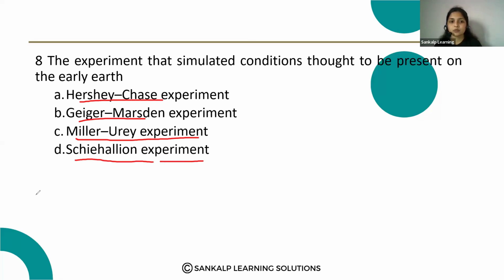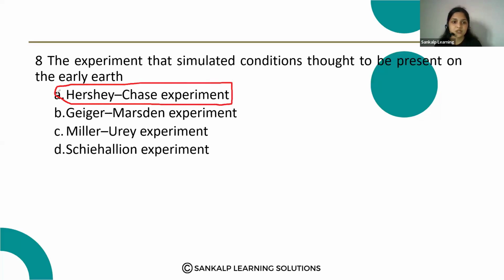The Hershey-Chase experiment is not related to evolution, it is related to genetic material, and the others are not related to this either. The correct answer is the Miller-Urey experiment, also called the Stanley Miller experiment.